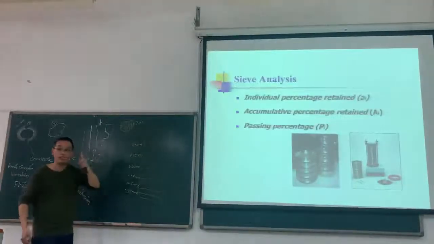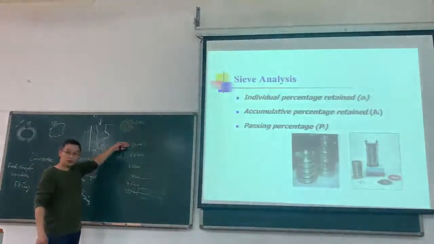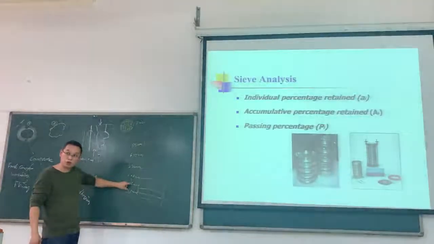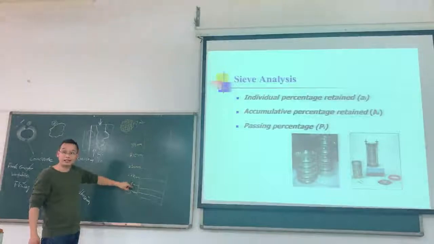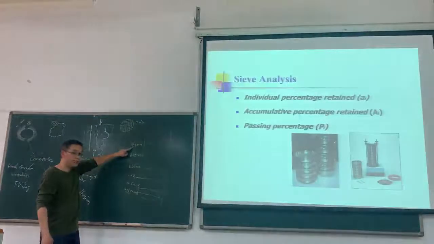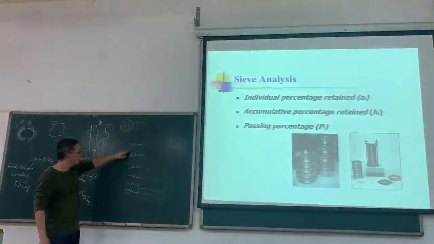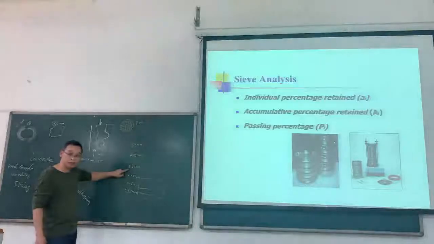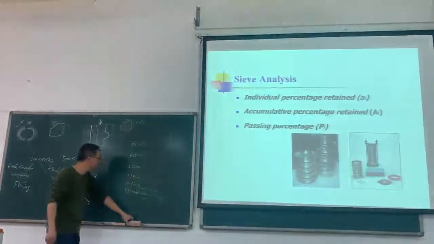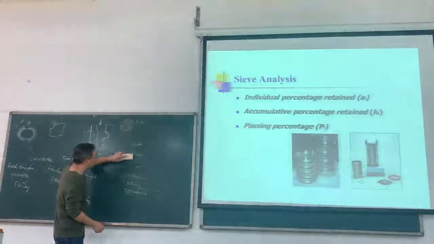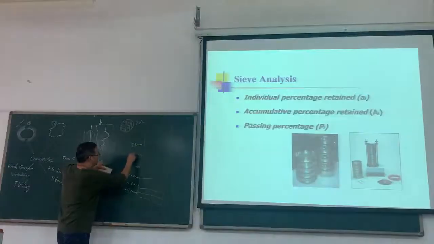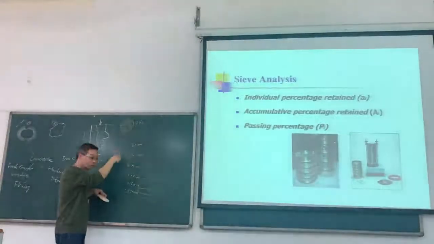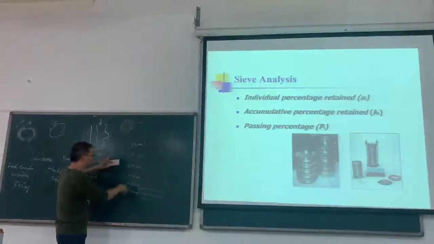And then when we put them together, we need to put them from bigger to smaller. So if this one is 9.5, the next must be 4.75, and this one must be 2.36. We cannot put this one here. This is wrong. So, one by one, from here.